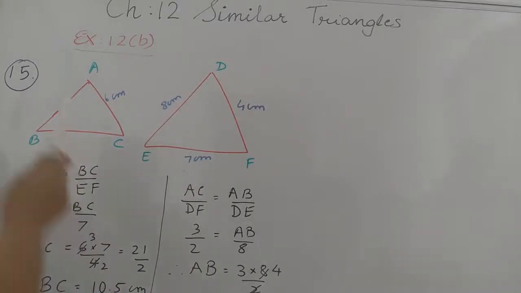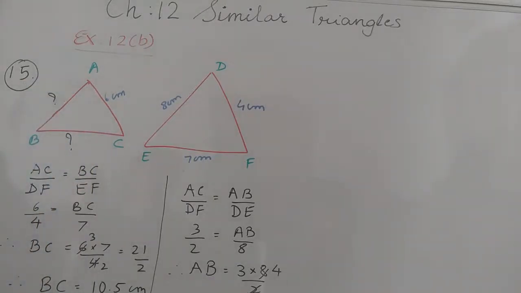Now we want to find the corresponding remaining sides of triangle ABC, meaning the BC and AB values. For that, we will take our definition of similar triangles. What our definition of similar triangles says is that the ratios of corresponding sides are equal.